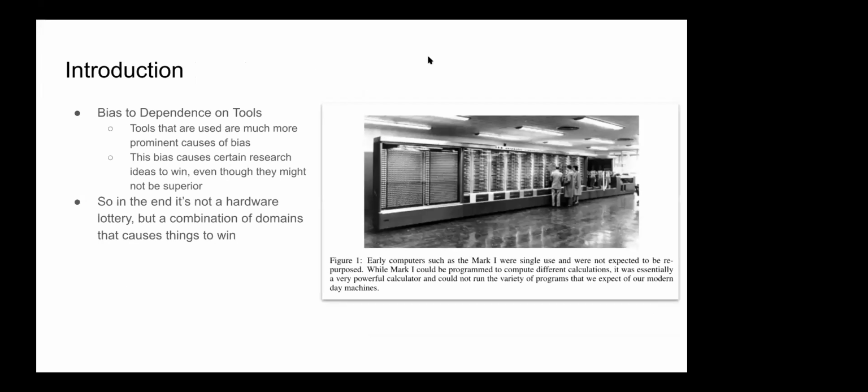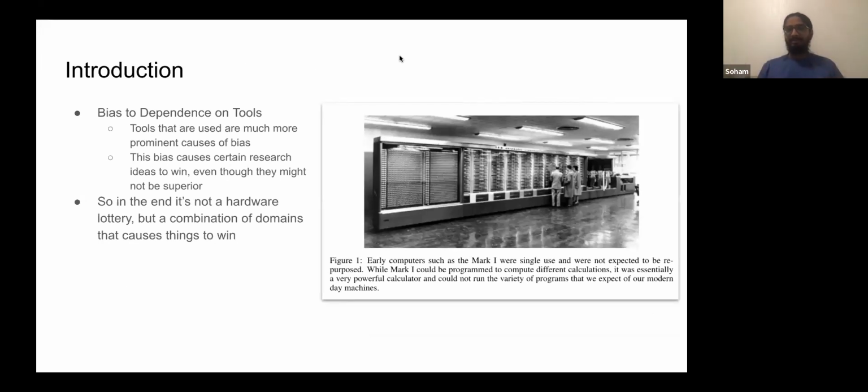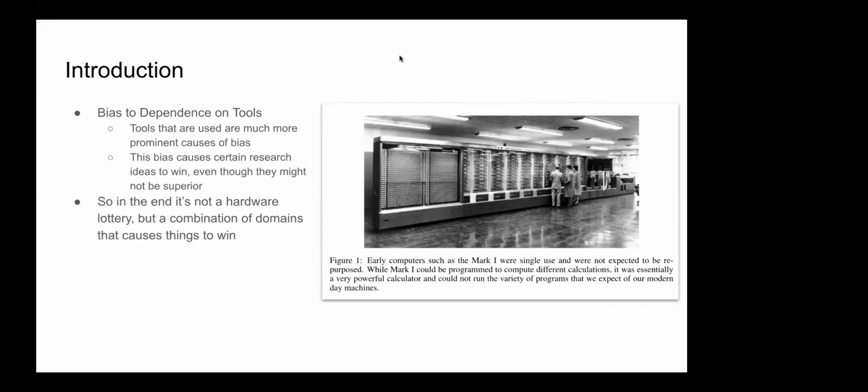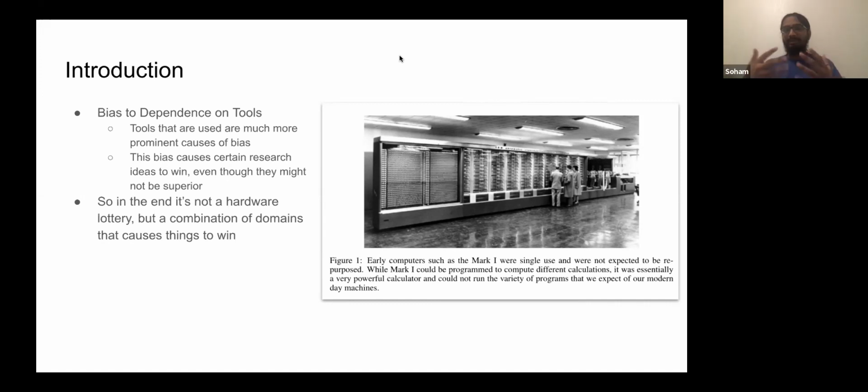So after that, the paper has an introduction. And what the introduction talks about is that there's this bias in research. And that bias is that research ideas have a dependence on the hardware and tools.